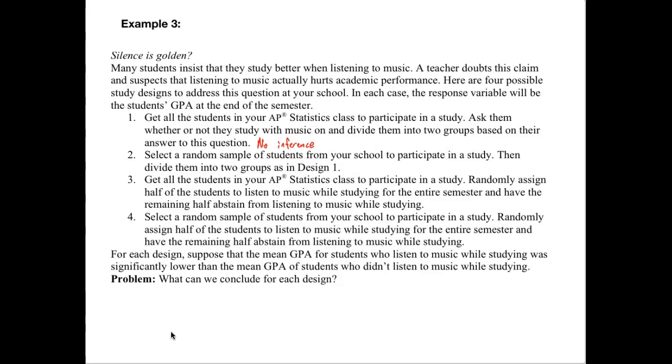All right, now if I select a random sample of my school to participate in the study, and then I divide them into 2 groups as in design 1. So now I am taking a random sample. So let's see, we would be in this quadrant.